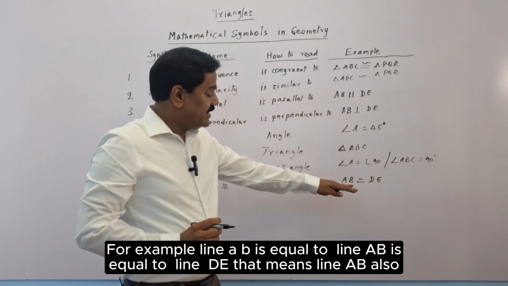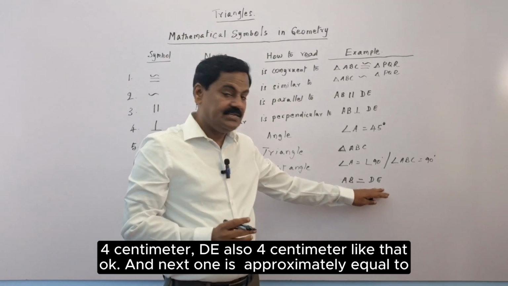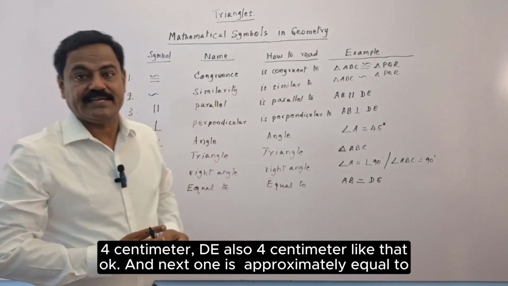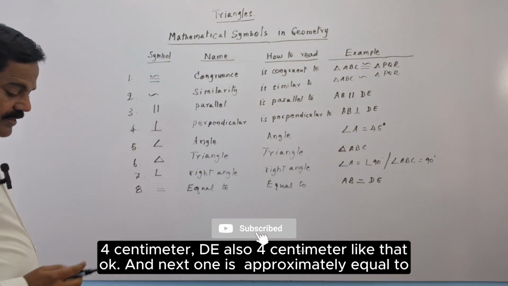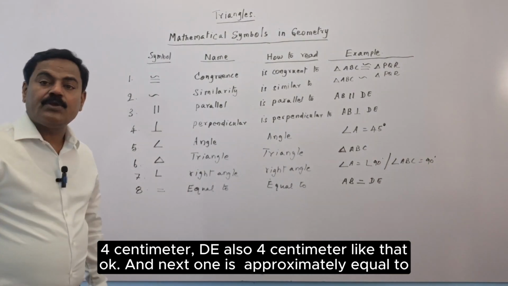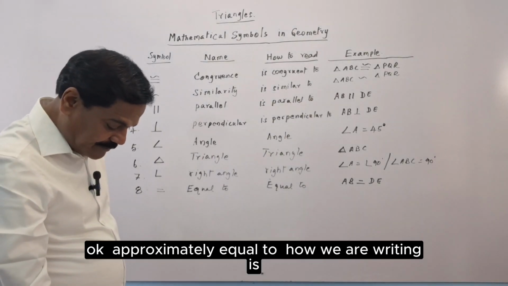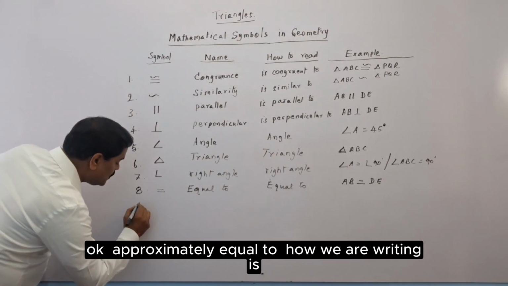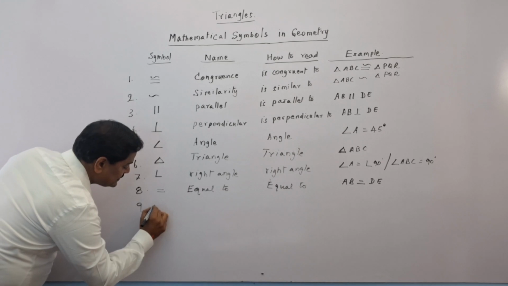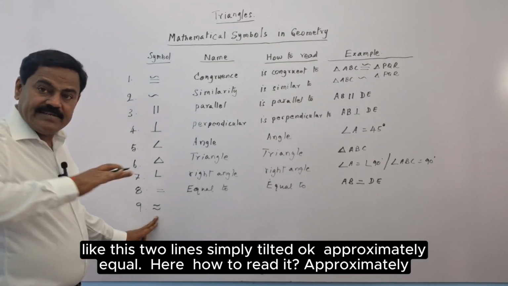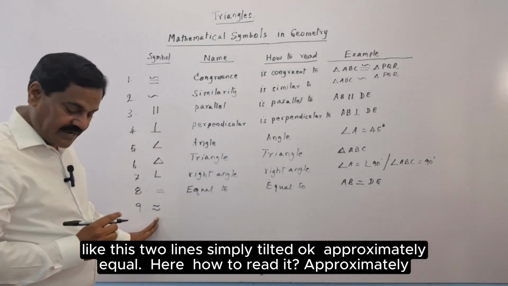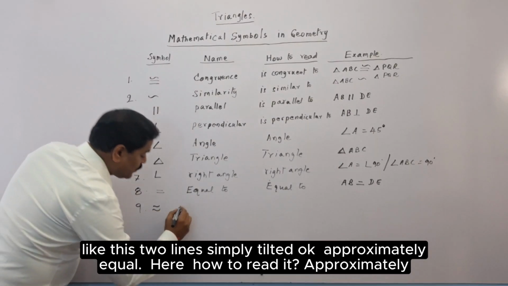That means line AB is also 4 centimeter, DE is also 4 centimeter, like that. And next one is approximately equal to. How we write it is like this, two lines simply tilted. Approximately equal.